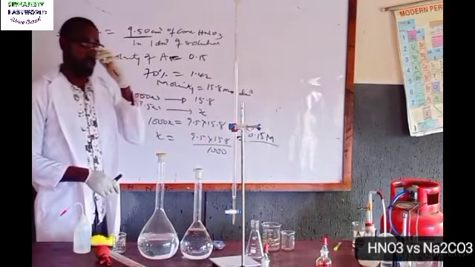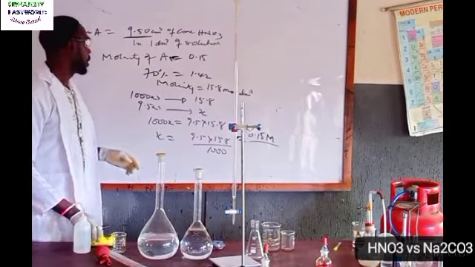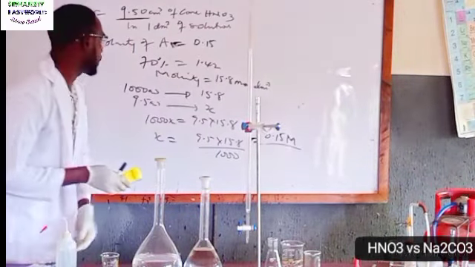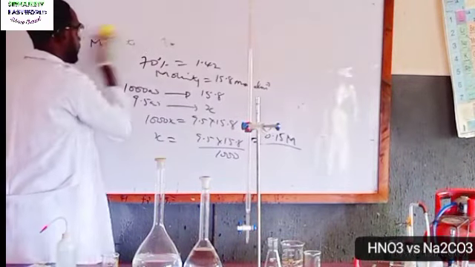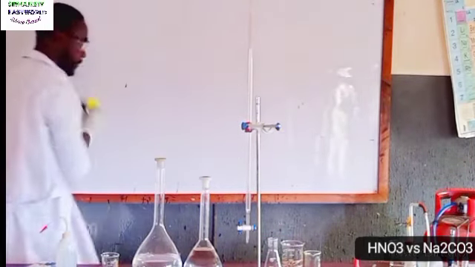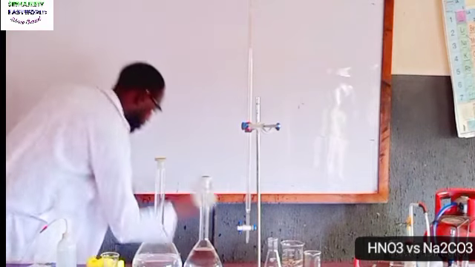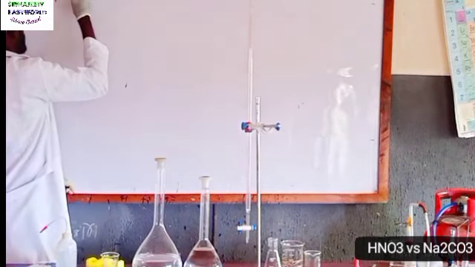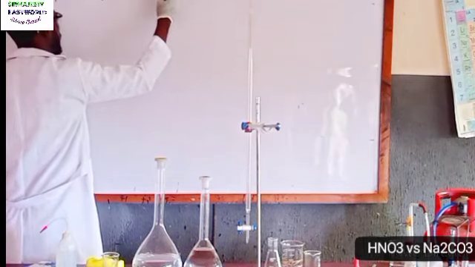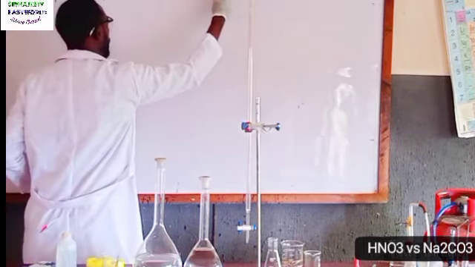Now let us solve for CB. What should be the molarity of B? We have to go back to the information given to us by the examiner. Don't forget that the molarity of A, that is HNO3 we are titrating, we got it at 0.15.